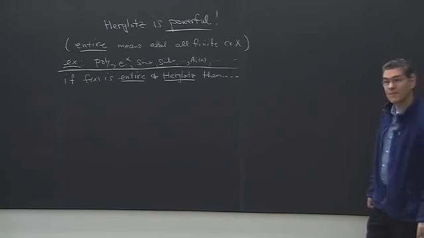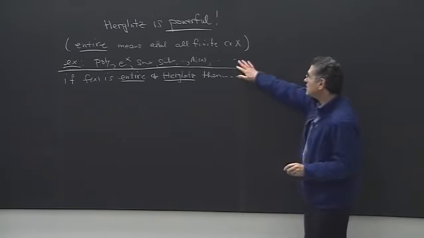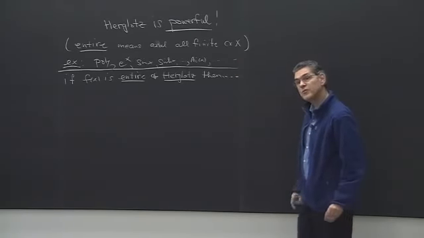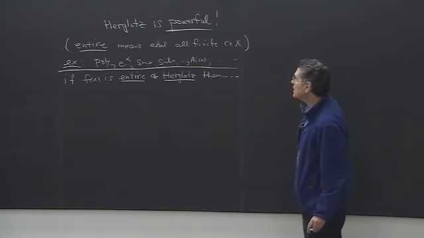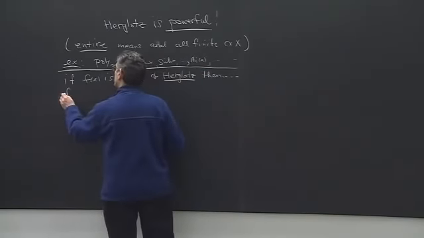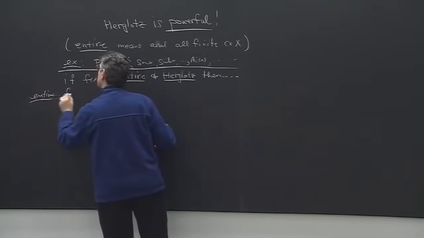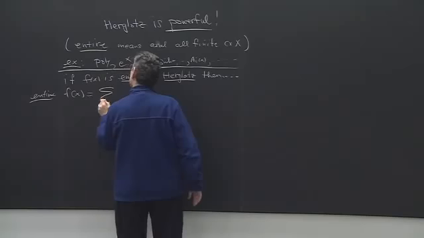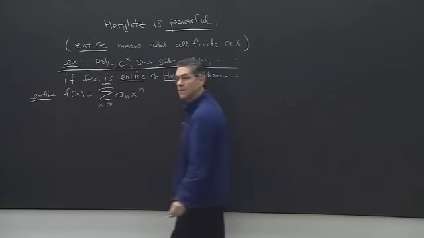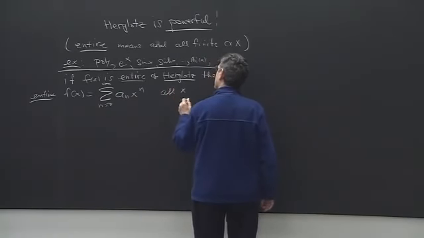Let's find out. There are zillions of functions that have no singularities. But what if the function is Herglotz as well? Well, if the function is entire, that means it has a Taylor series. Entire means f of x has a Taylor series of the form the sum of a sub n x to the n, n equals 0 to infinity. And this Taylor series converges for all x.